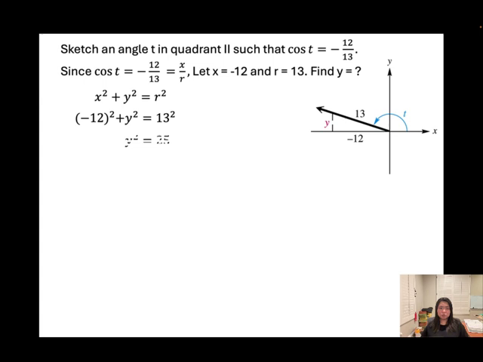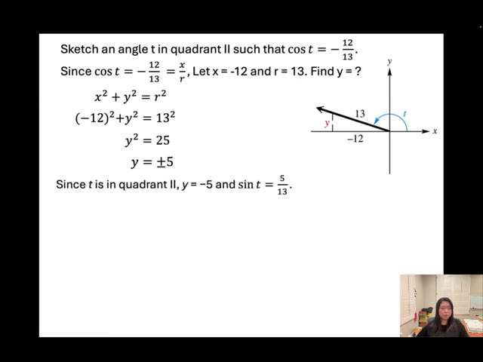You should get y equal to plus or minus 5, right? But since y is in quadrant 2, above the x-axis, y should be positive. And sine T will be equal to opposite, which is going to be 5 over 13.